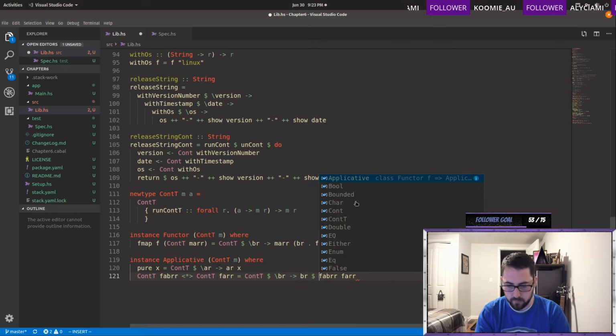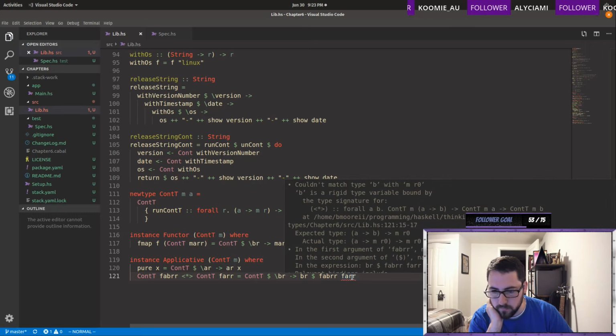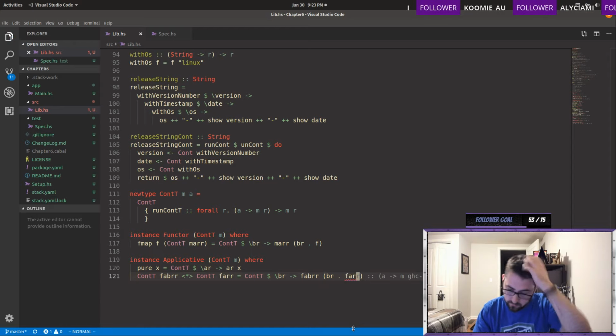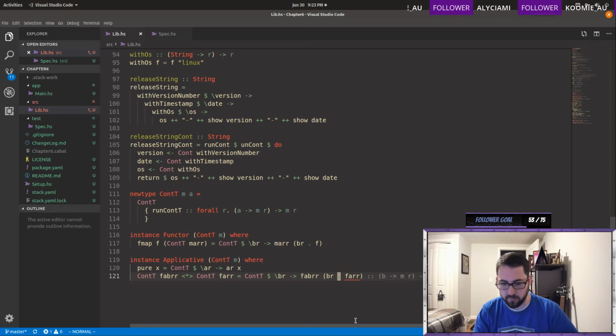Let's just write it this way. Let's see what. Yeah, so this is the same error. So then we need to do this. No, we don't need to do this. Okay, need to think about this more carefully.